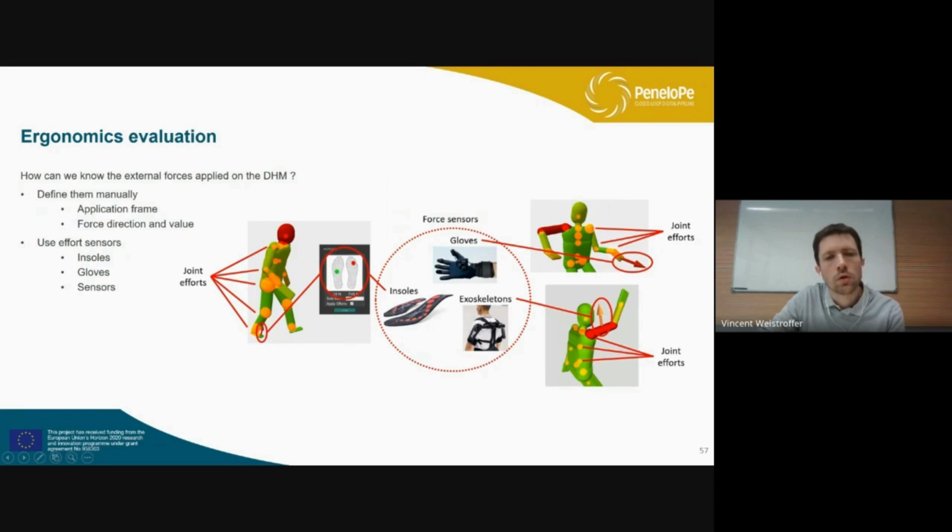So it's not gloves used for motion capture, it's gloves used for effort capture. So you have some small dots here that can give you some inputs of the force deployed by the human hand. And also, when you use exoskeletons, sometimes the exoskeleton can give you the actual torque or force that is applied on the human arm.